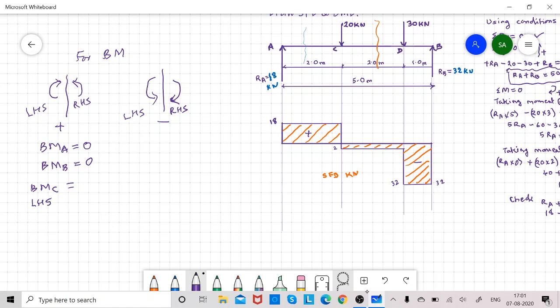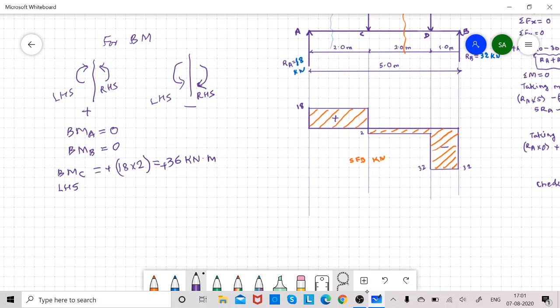See, this is the point C. On left hand side of C, there is only one force, that is 18. 18 into distance 2, and it is clockwise on left hand side. So positive 36 kilonewton meter.